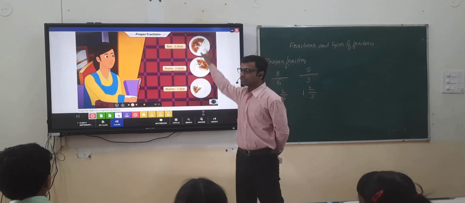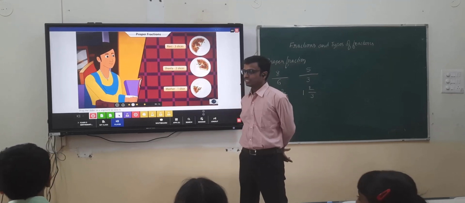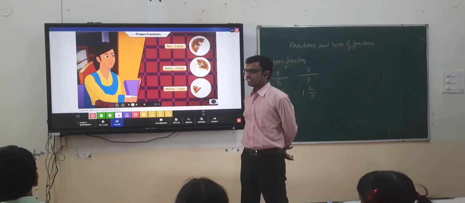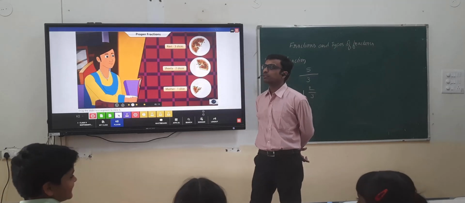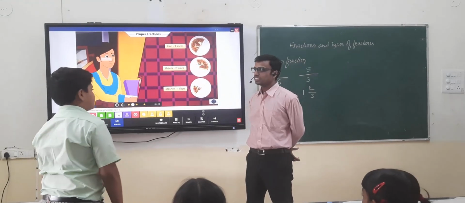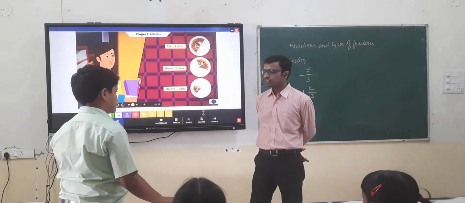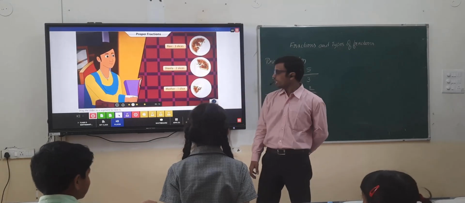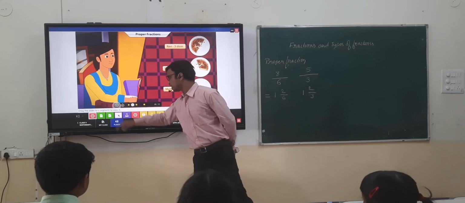How many total parts did we divide? 6. What is the fraction it represents? Very good. 3 by 6. You tell me now what is the fraction it represents? 2 by 6. Very good, Saish. Now Satdeep, can you tell me what it represents? 1 by 6. So we will get the same answer from him also.